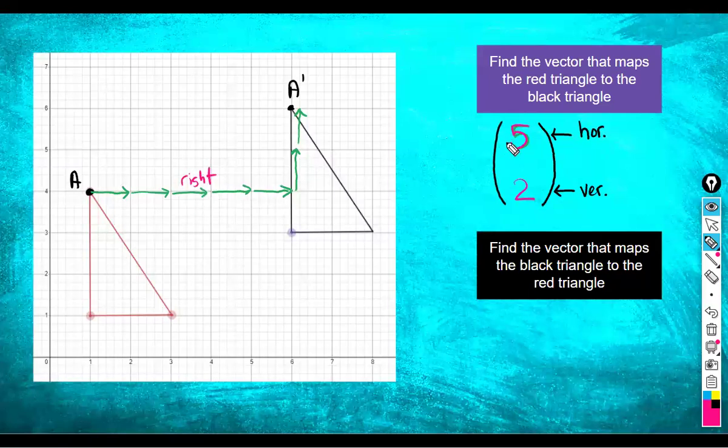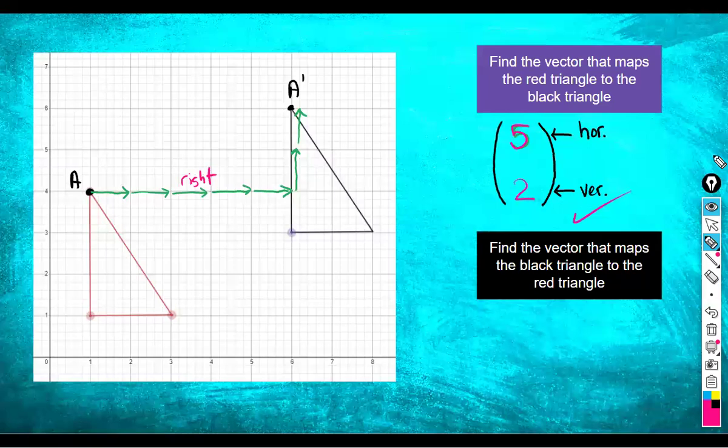Should this 5 be positive or negative? If I move horizontally right, it's supposed to be what? Positive, right? And now when I move upwards, this 2 is also positive because when you move upwards, the value is supposed to be positive. That's the end of the question. It's literally as simple as that.